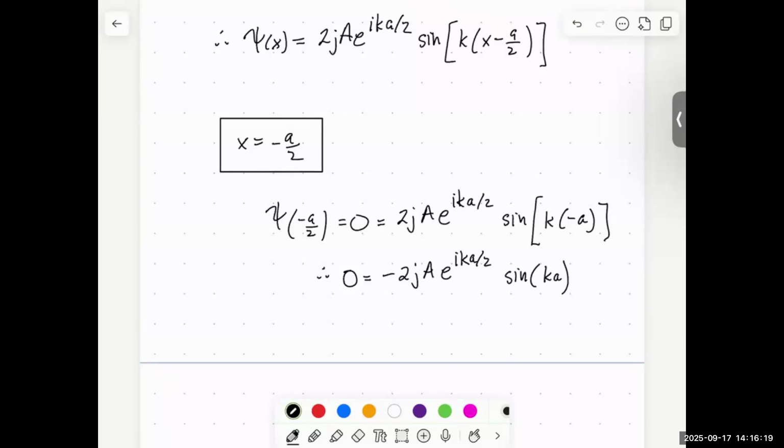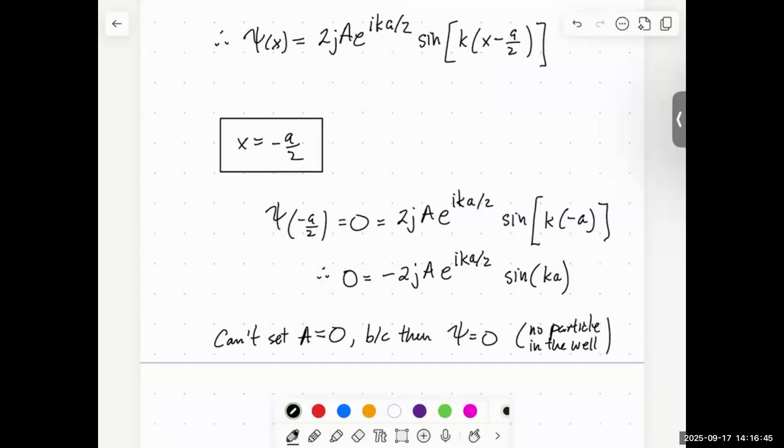There's no particle in the box. So we don't want to do that. We can't set a equal to 0, because then psi is just going to be equal to 0, and there's no particle. I said box, I guess I should have said no particle in the well.